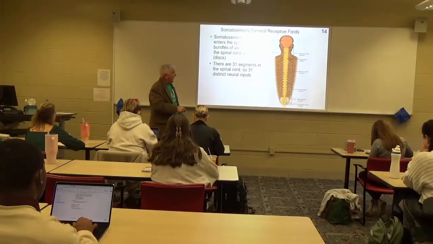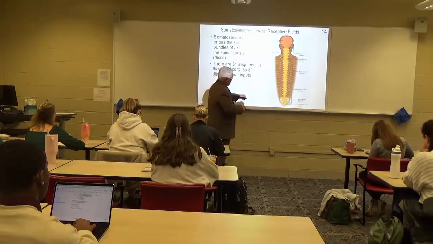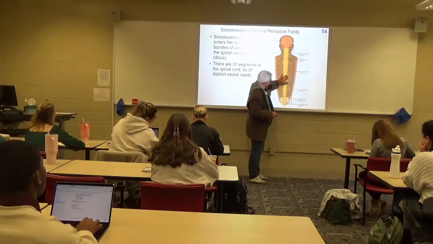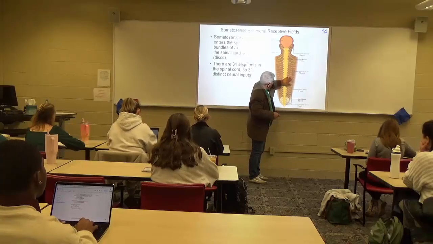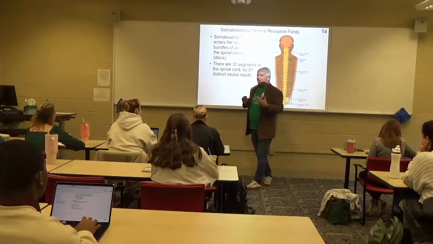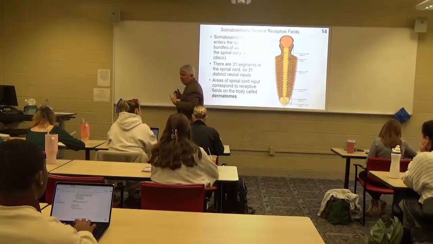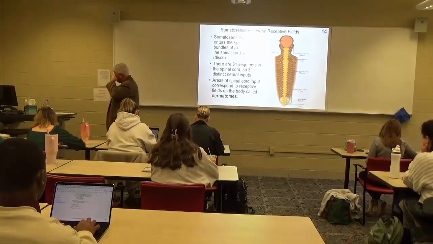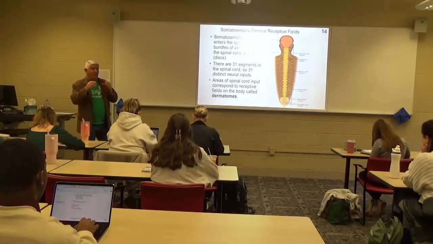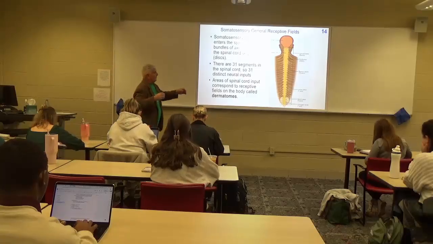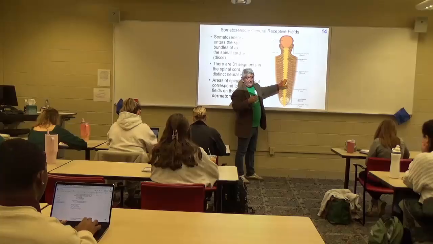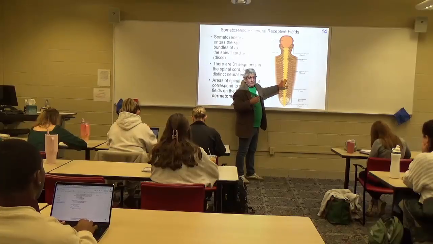And we call the area, so if we have this group of neurons that's coming in here, right, to the thoracic area, where those neurons go out and innervate, we call that a dermatome. So a dermatome is a patch of skin that all the nerves from that are going into a particular spinal segment are sending information from.